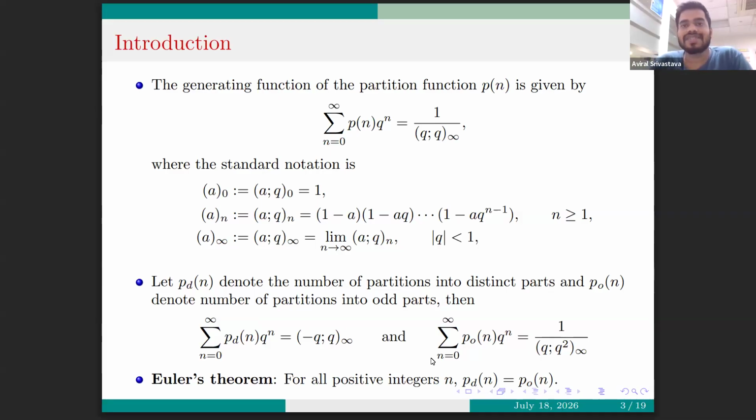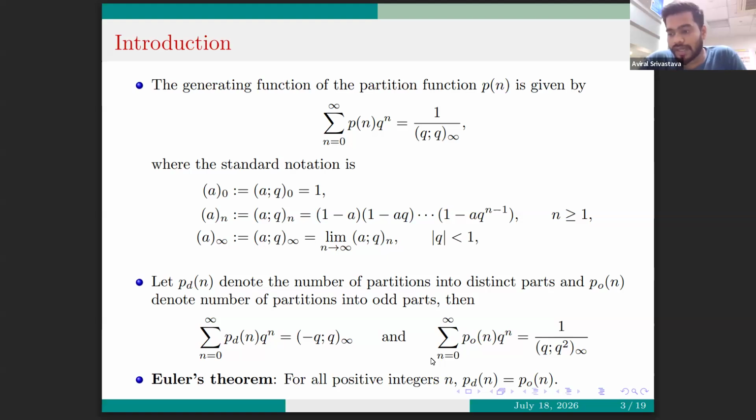So for instance, 1 plus 2 plus 3, a partition of 6, is not a valid partition into odd parts because 2 is an even number, while 1 plus 3, a partition of 4, is valid because all parts are odd. With these notations, the generating functions of partitions into distinct parts and partitions into odd parts are given respectively by (-q;q) sub infinity and 1 over (q^2;q^2) sub infinity.